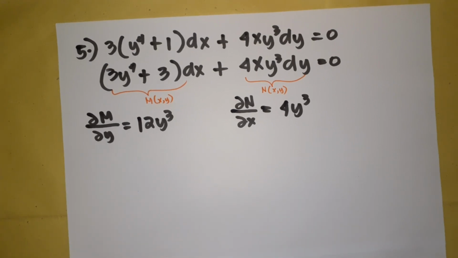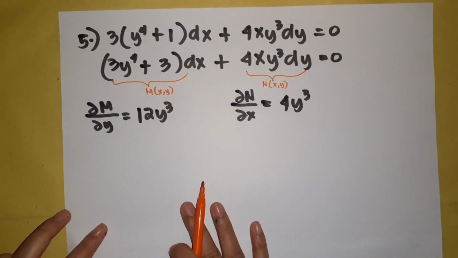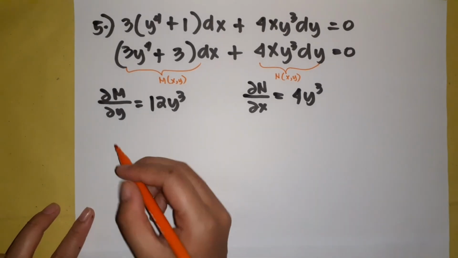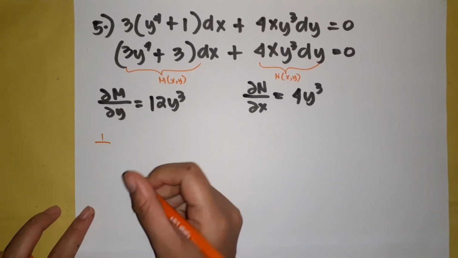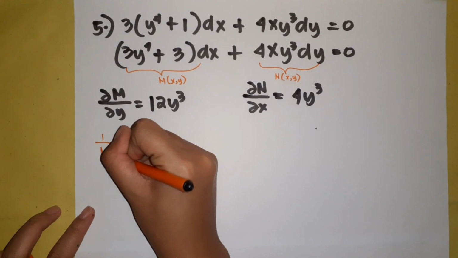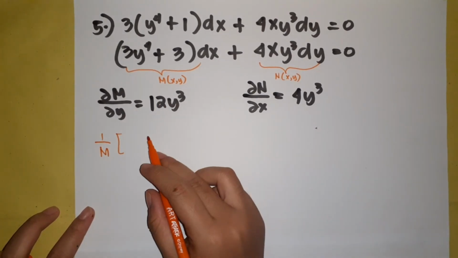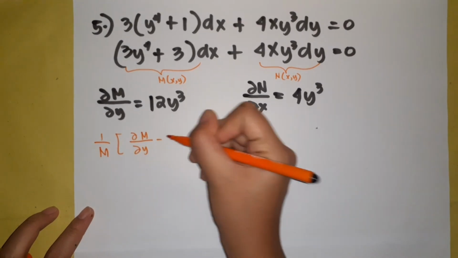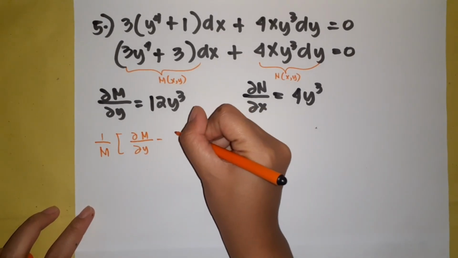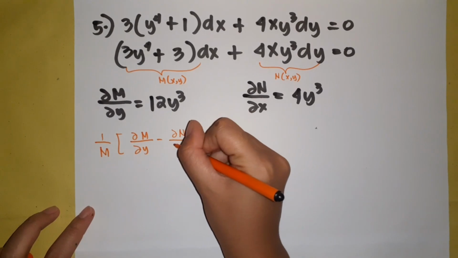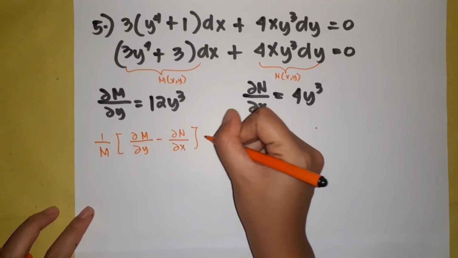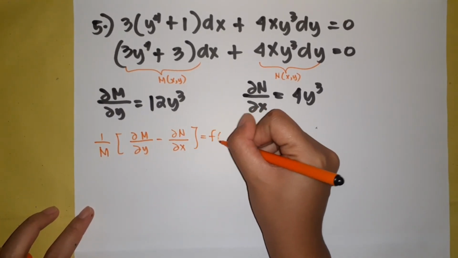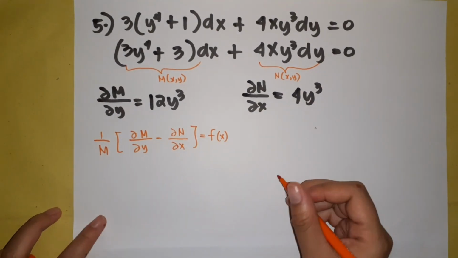And then next, we will get the integrating factor. In getting the integrating factor, we have here a formula. In case 1, we have 1 over M times the partial derivative of M in terms of y minus the partial derivative of N in terms of x to get the function f of x.